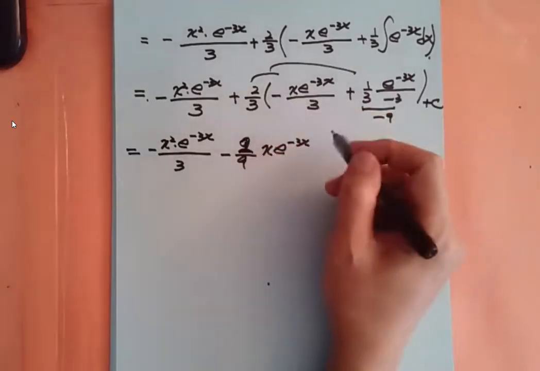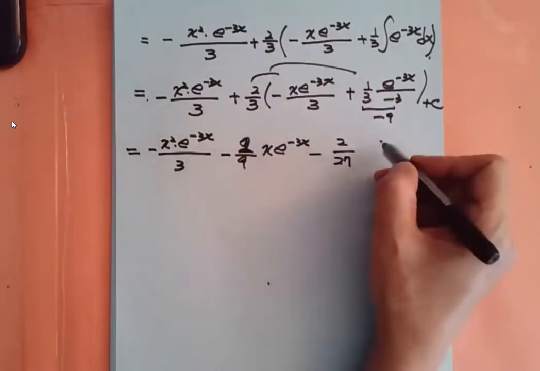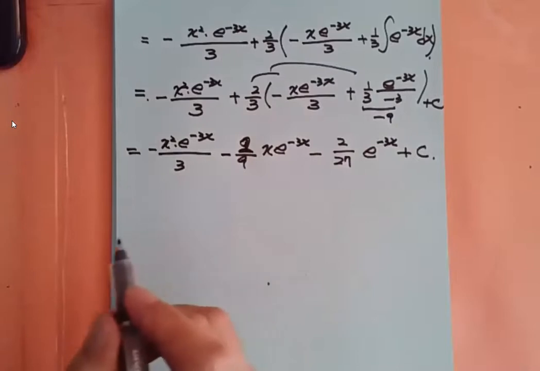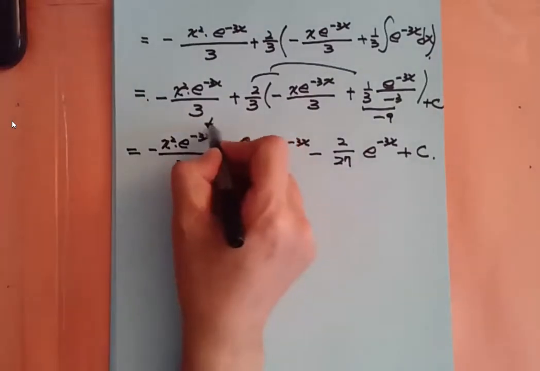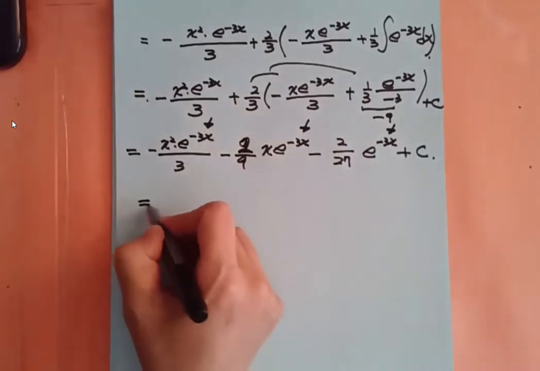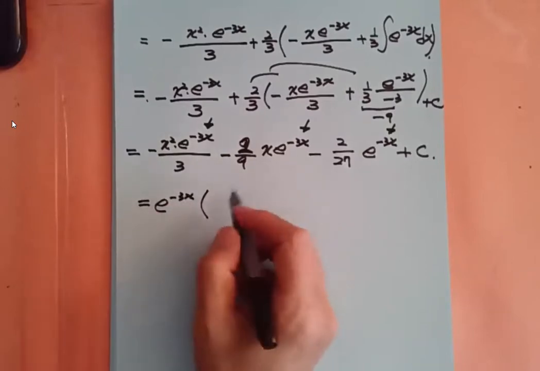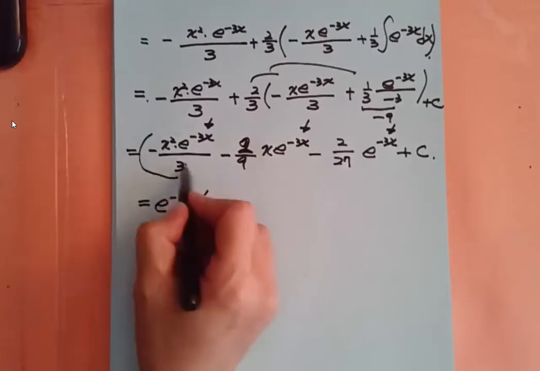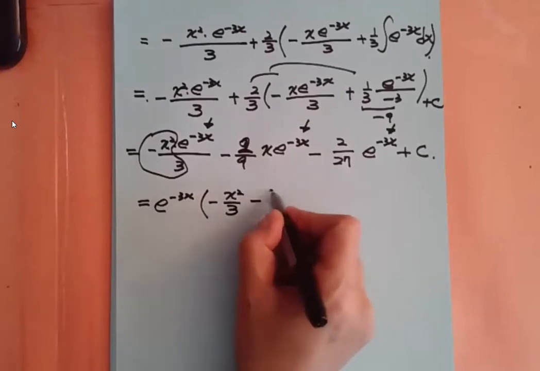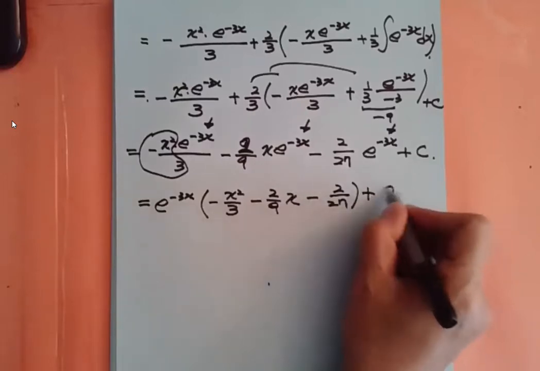Minus 9 times 3 will make minus 27, and 2 is on the numerator, and e to the minus 3x plus c. So e to the minus 3x is the common factor, so we will take that out, and this one is minus x squared over 3 minus 2 over 9 x minus 2 over 27 plus c.